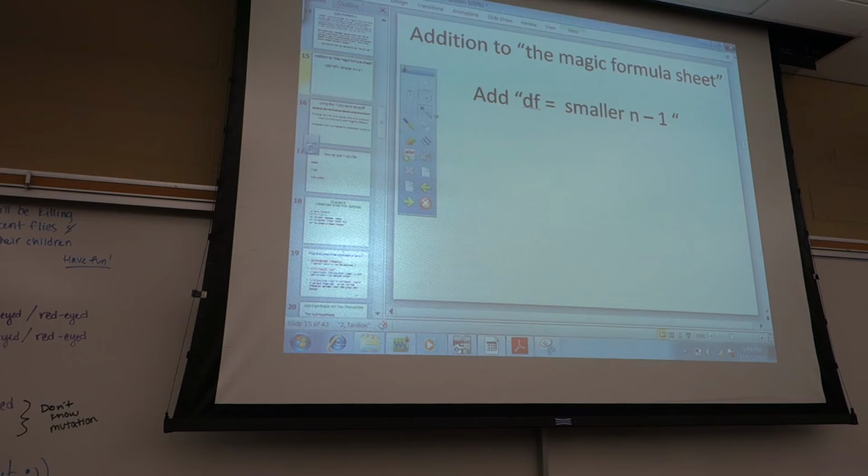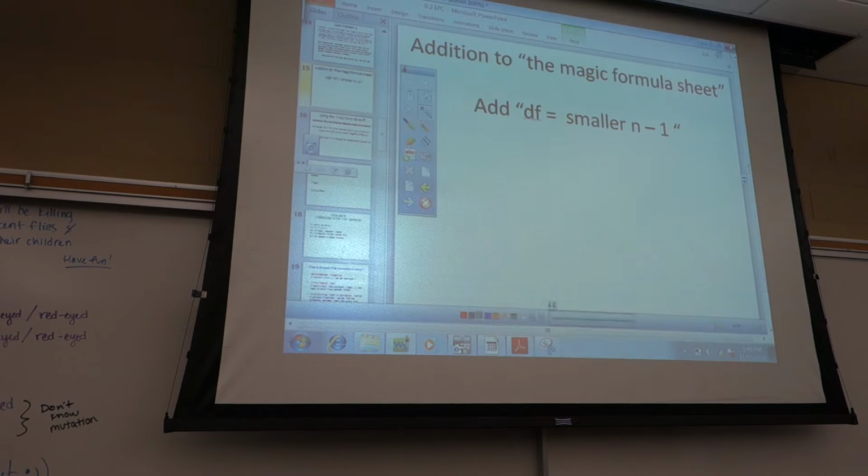Magic formula sheet. If anybody did not get a magic formula sheet, come get one from me during the break. Make sure that you put that note in there about making the degrees of freedom n minus 1. Alina, you weren't here. You need one. Everybody else I think was here. Okay.